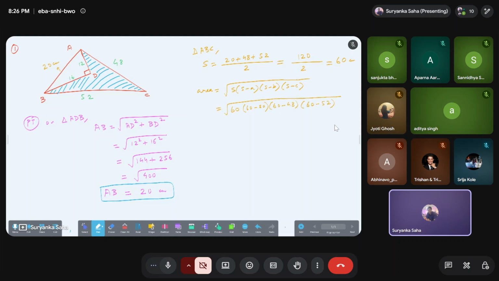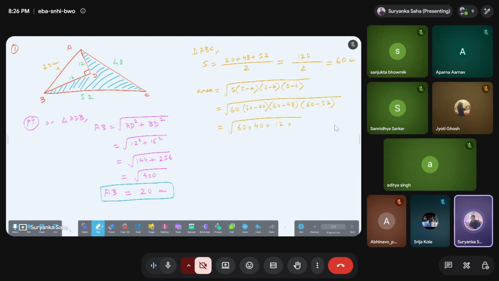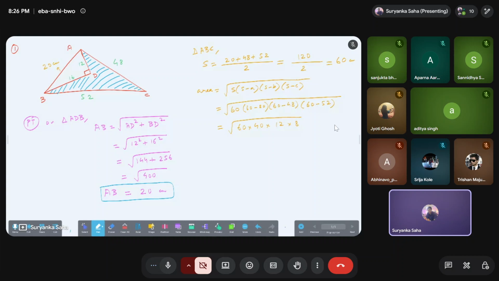So this is 60, this is 40, this is 12, this is 8. So the square root will give you, I think, 480 centimeter square. Check whether it is coming or not.